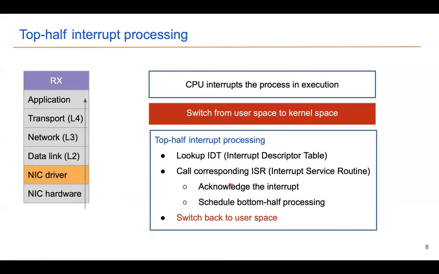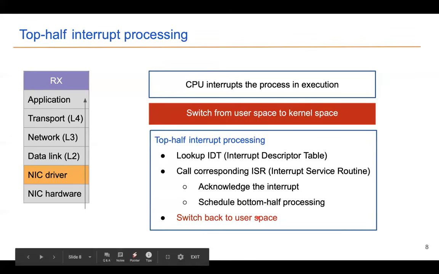We now describe the top half processing. The interrupt triggered by the NIC causes the CPU to pause the current process and switch to the kernel mode for interrupt processing. The interrupt descriptor table is indexed to get the pointer to the interrupt service routine. The interrupt service routine acknowledges this hardware interrupt and schedules the bottom half processing for later, which is processed as a software interrupt.